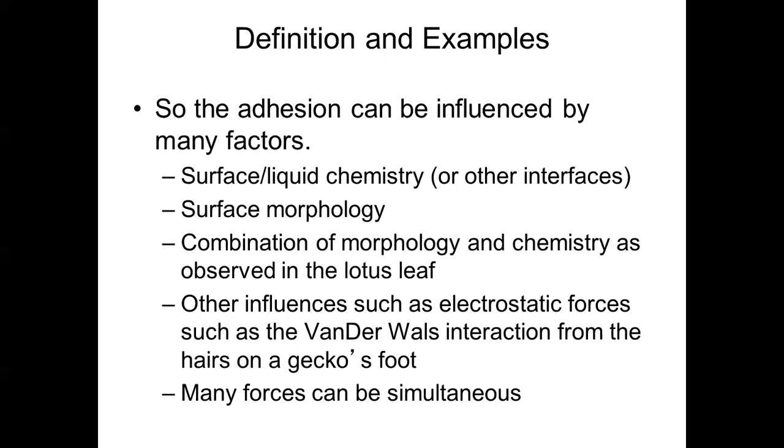We can also have other influences such as electrostatic forces, such as van der Waals interactions, and we can define this by looking at nature and what it shows us with the setae on the gecko foot. And then what's very complicated is we can have a multitude of these forces simultaneously. So we can get relative dominance from one or more of a multitude of these forces at once.